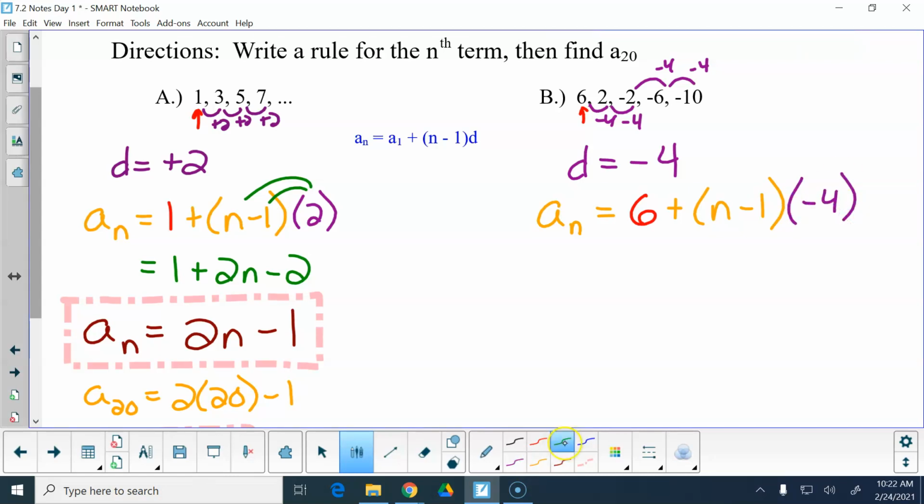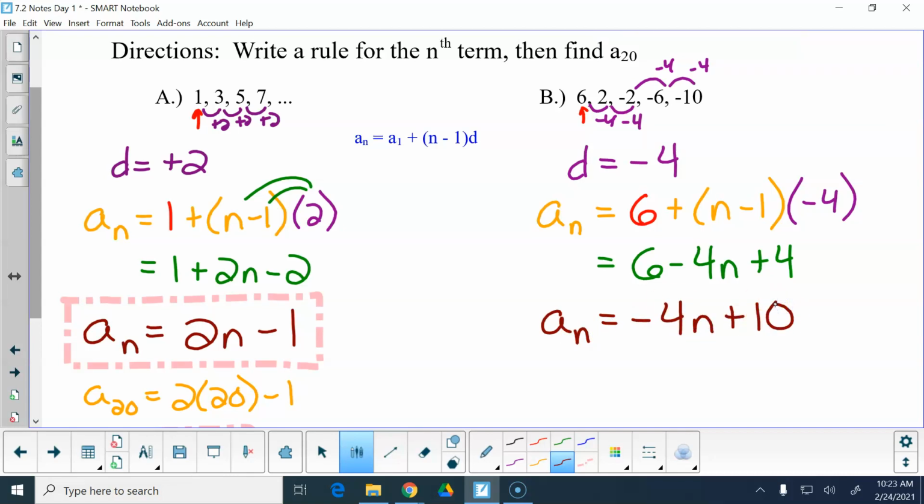That would be 6 minus 4n plus 4, which gives me a rule, a sub n is negative 4n plus 10.